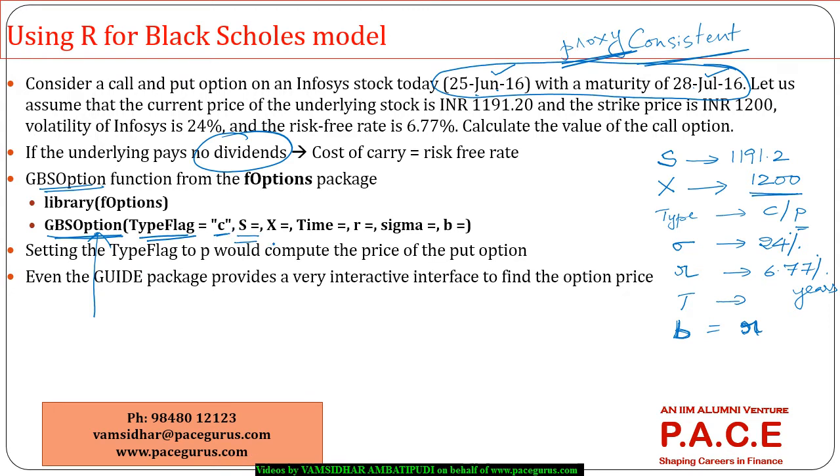You have to give the value of S, the value of X, the strike price, the time, which is the time to maturity in years, the risk-free rate of return, the volatility of the stock, and also the cost of carry, which is equivalent to the risk-free rate of return itself. So let's try to execute that in R and find out the price of the call option and the put option.